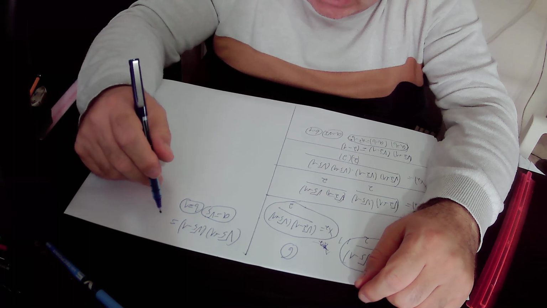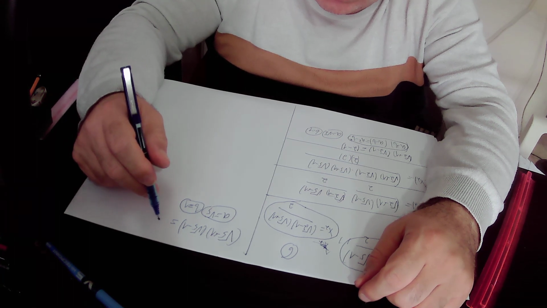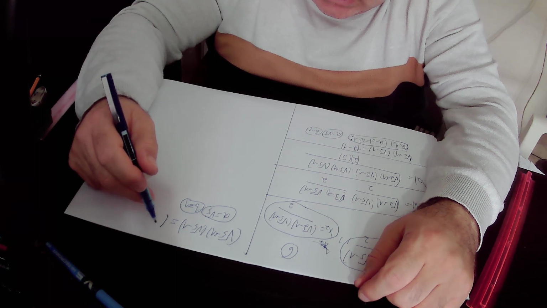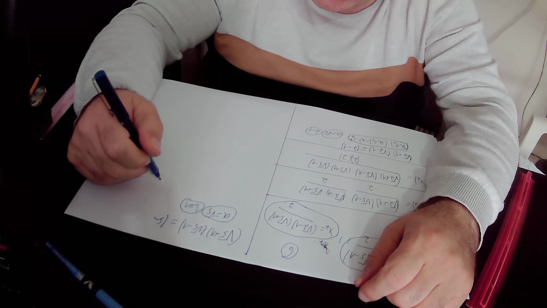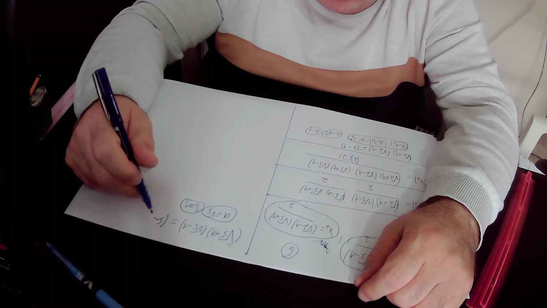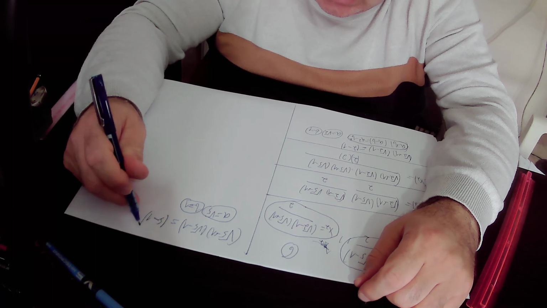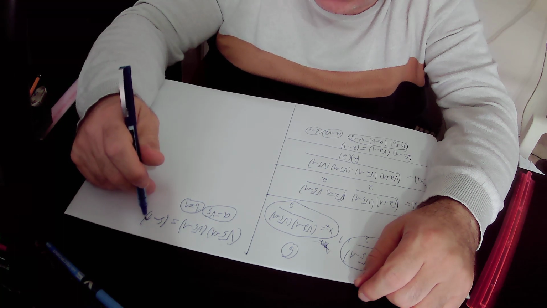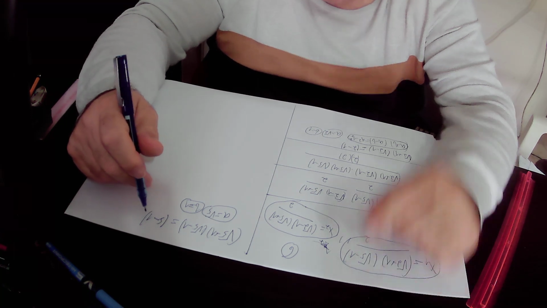A squared is square root of 5 squared, and square root of 5 squared is 5, minus b squared. B equals 1, so b squared is 1. So in conclusion, we found out that (square root of 5 plus 1) times (square root of 5 minus 1) equals 5 minus 1.